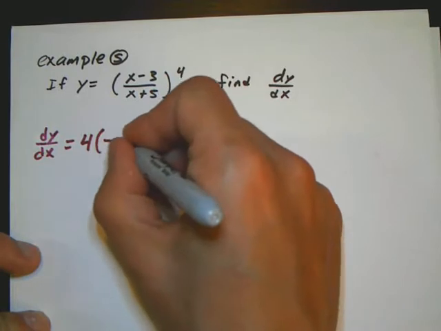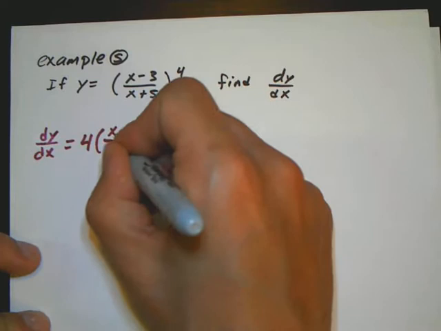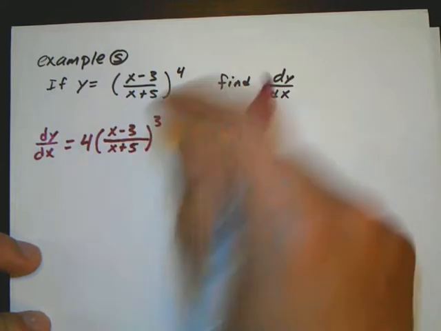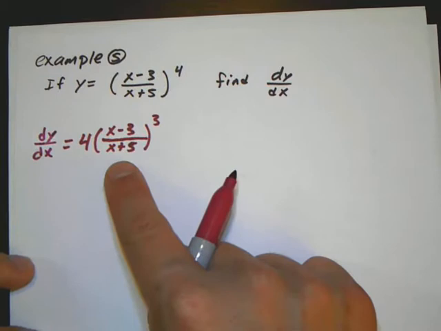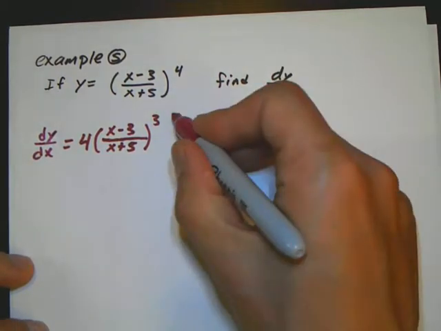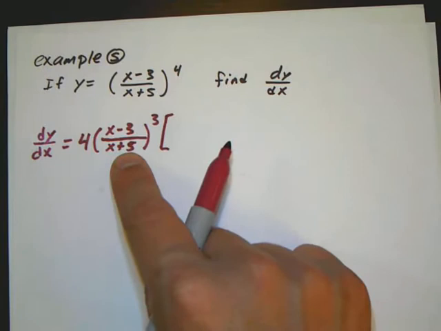The inside stays the same, so it's going to be x minus 3 over x plus 5 in the denominator. But then when I do the derivative of the inside, this is going to require the quotient rule. So all of this is going to get multiplied by the derivative of this, which requires the quotient rule.